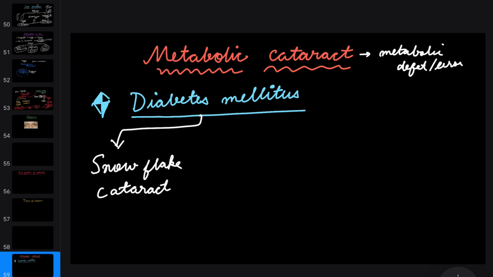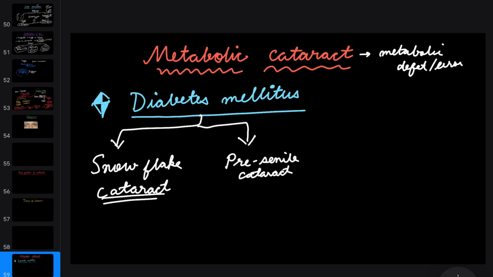First of all, a very interesting form of cataract called snowflake cataract. What exactly is this cataract? We'll see in the subsequent slide. But first, let's complete this list over here. What other problem does it cause? Well, it causes another form of cataract, which is called presenile cataract.